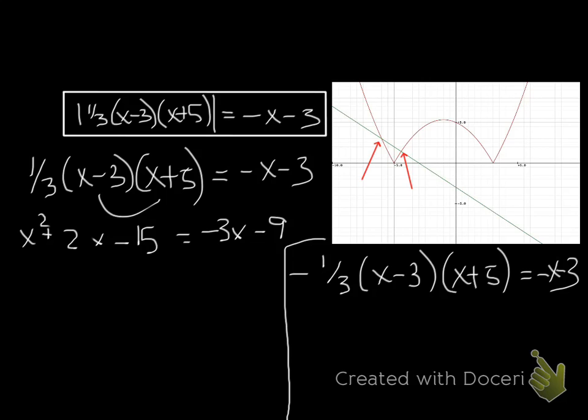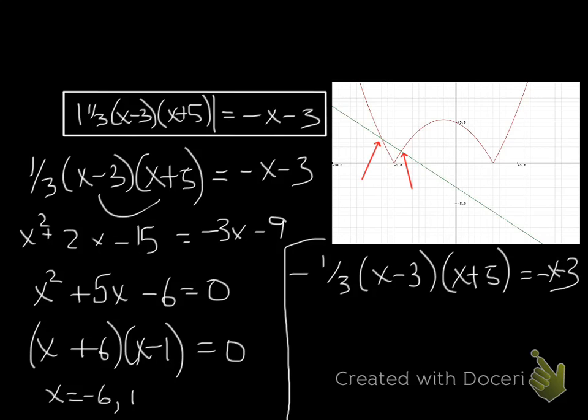Continuing on with the algebra, we arrive at this, which has a solution of this. So x equals minus 6 and positive 1 are the solutions to this first equation.